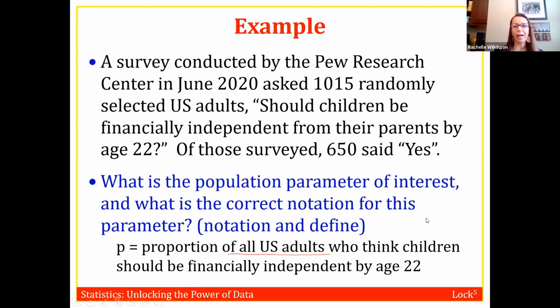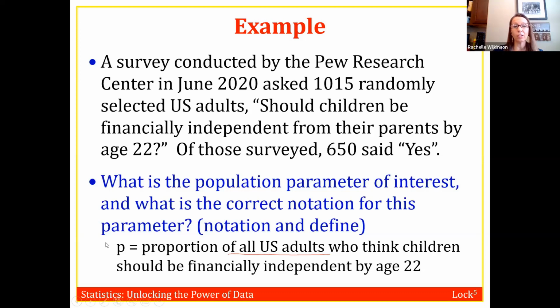All right, and then the last piece of this is we're going to ask about the sample statistic, and we want to give correct notation and a value. Remember the parameter here, so backing up to parameter, do I know a value for P, the proportion of all US adults who think children should be financially independent? Do I have any way of knowing the actual numerical value for P here? I don't, right?